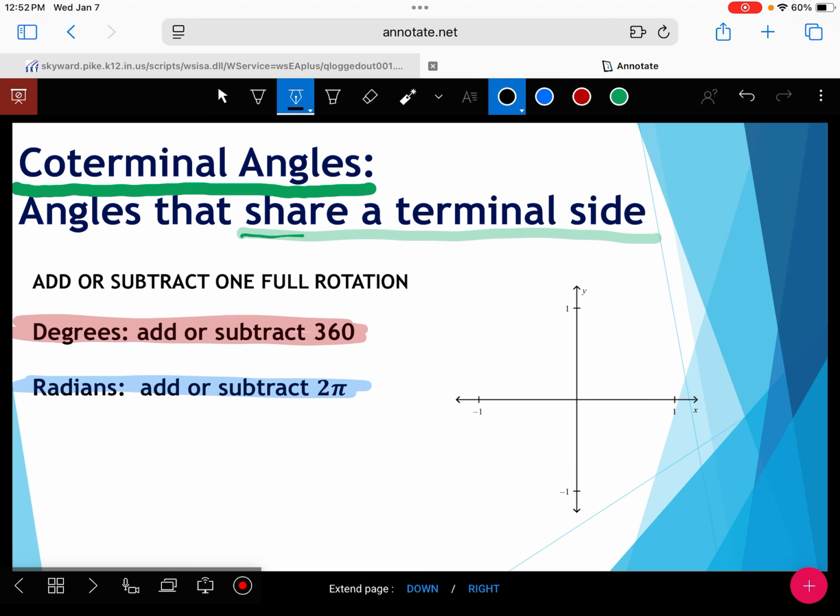If this is my terminal side, this is my original angle. If I were to wrap around more than once and stop here, even though this angle went around more than one time, it stopped at the same place, which is why they're coterminal angles.